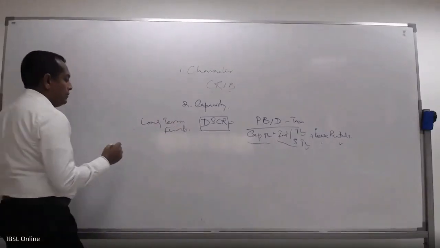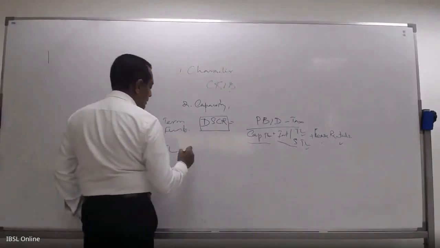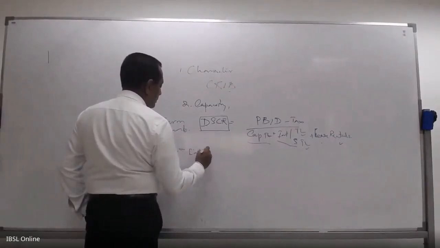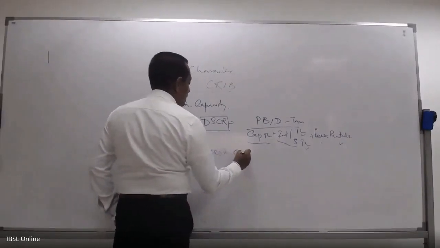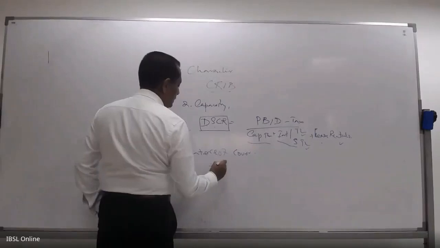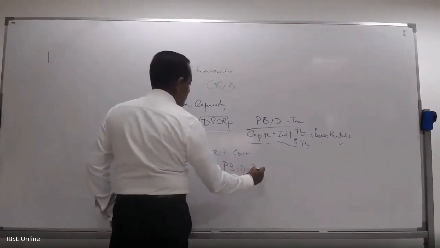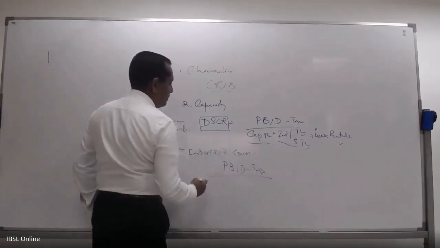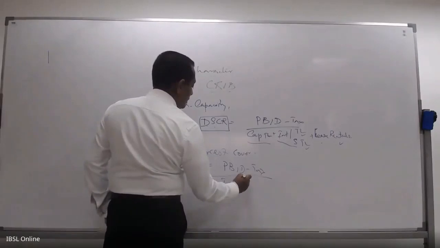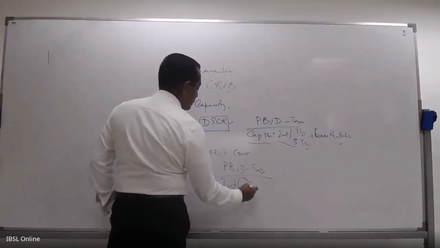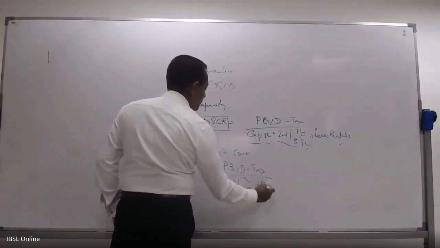If it is a short term facility, it is interest cover. Interest cover is equal to PBID minus tax divided by interest: term loan interest, short term loan interest plus lease interest.